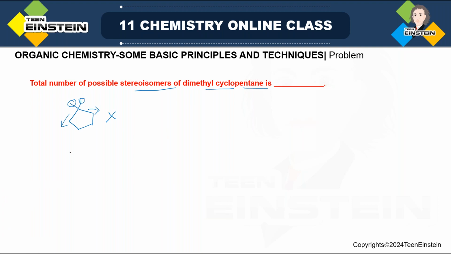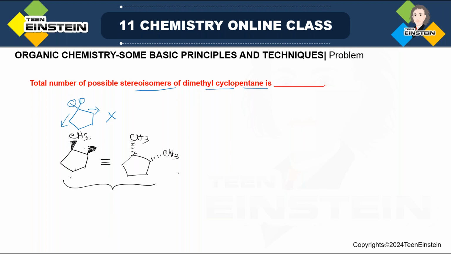Now the next possibility is if you place two methyl groups at the 1 and 2 positions. When you are placing at 1 and 2 positions, you can place them as cis. Whether you place it below the plane or above the plane, it doesn't matter, both are the same. So it is Cs. When you have Cs, there is a sigma plane, you can cut the molecule into the same halves.